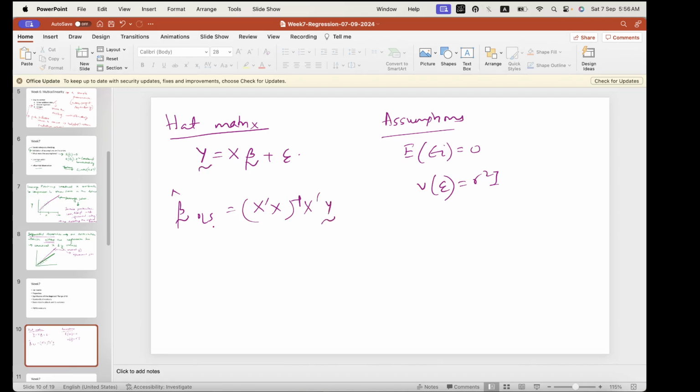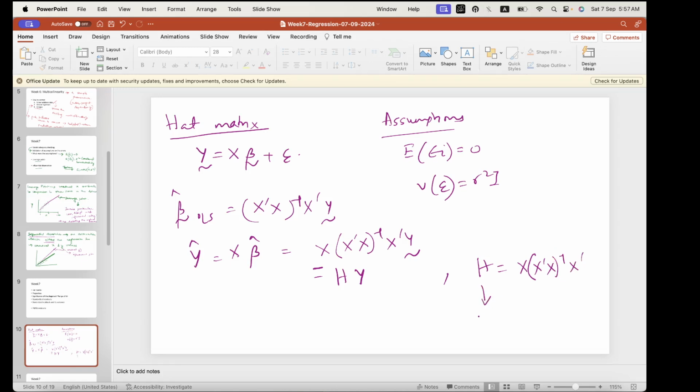OLS is ordinary least squares. Then y hat becomes X beta hat, which is X (X transpose X) inverse X transpose y. Now this can be written as Hy, where H is X (X transpose X) inverse X transpose, and this is my hat matrix.